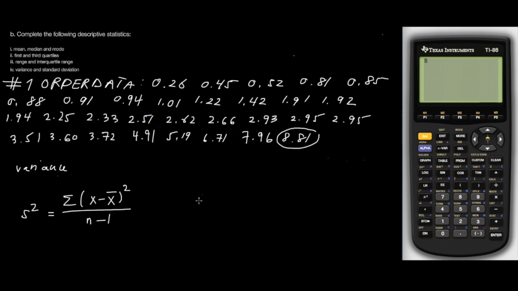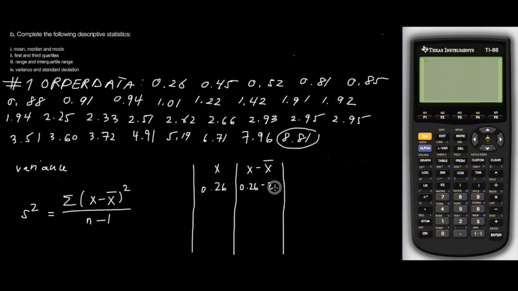Before computing in the calculator, what I'd suggest you do, at least for the first ones, is to make a few columns. So you'll have all your x values. We won't put them all in, it's just for sake of example. So let's say we have 0.26, and then we would have x minus our mean, so 0.26 minus 2.69.